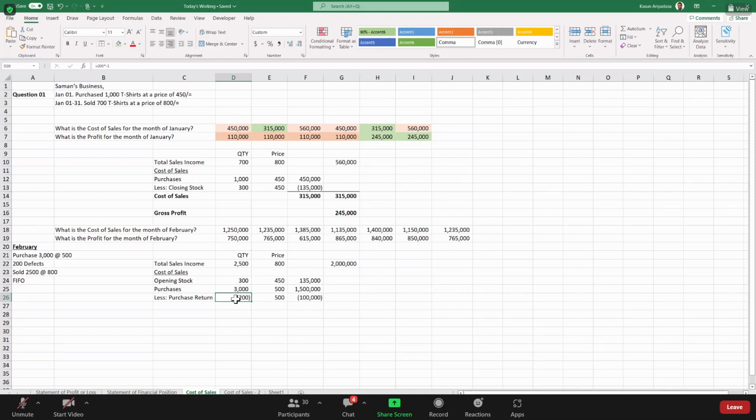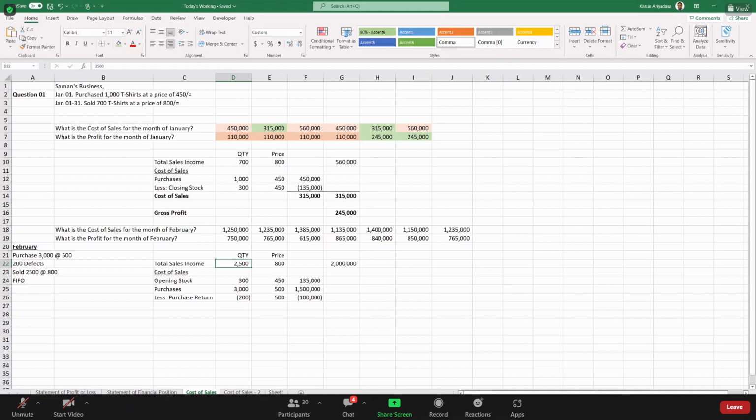But out of that 3,100, only 2,500 is used to generate the income.